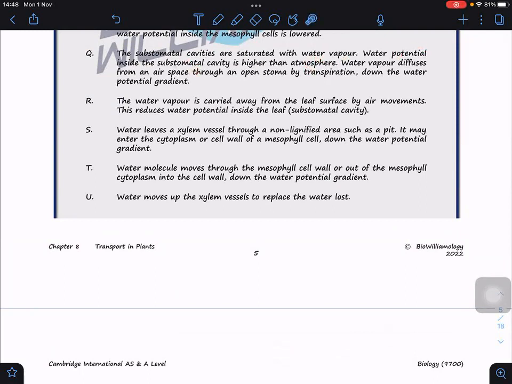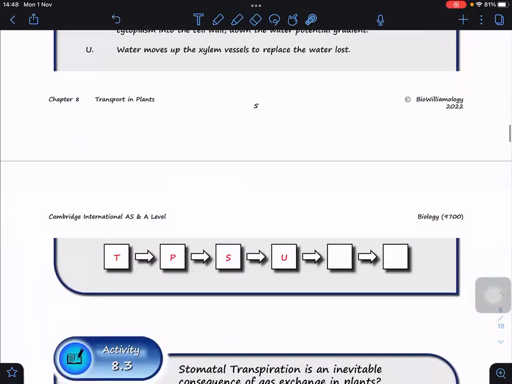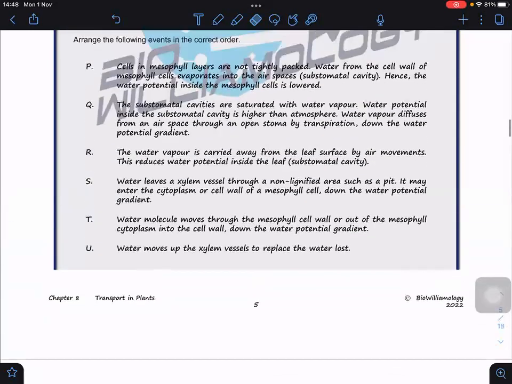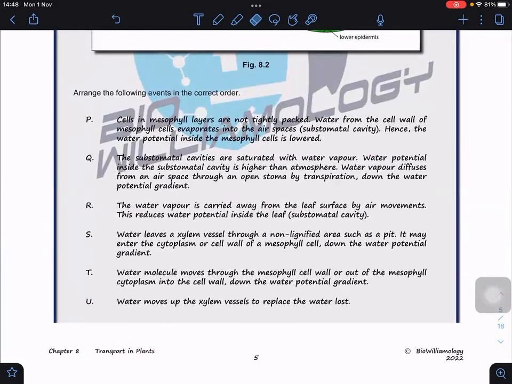So water vapor now diffuses from the airspace through an open stoma by transpiration down the water potential gradient. So in the entire process, you can see that I keep on saying down the water potential gradient. And last, the wind. Where's the wind?